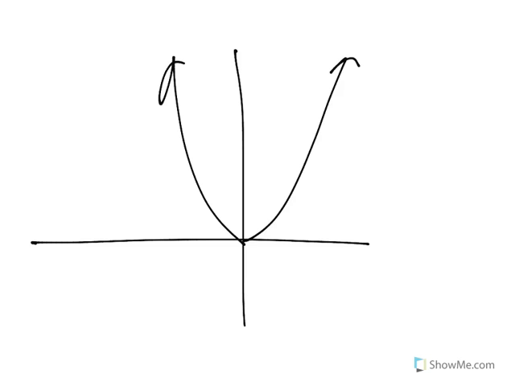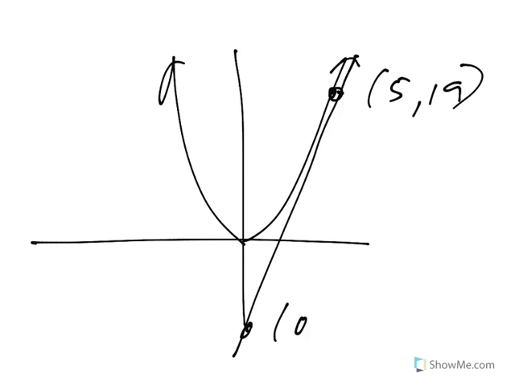So if I were to give you any parabola and say that this point was (5, 19) for whatever reason, then this point here would be (0, -19).